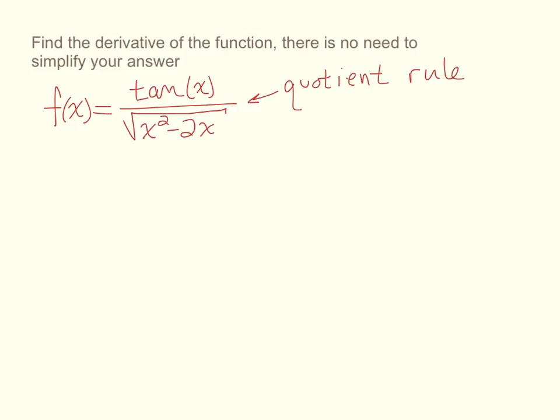In order to use the quotient rule, we need to first use the denominator and multiply it by the derivative of the numerator.